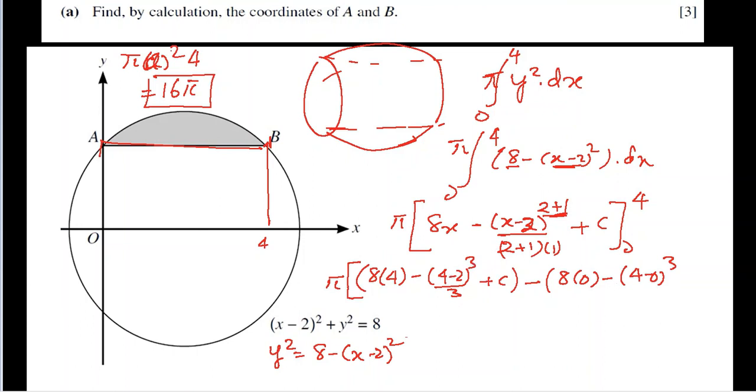x is being replaced, right? So 0 minus 2 cubed over 3, plus c. c and c should be cancelled. That's the first thing you should do. And we are left with what? π, 8 times 4, 32. 4 minus 2 is 2. 2 cubed is 8 over 3.